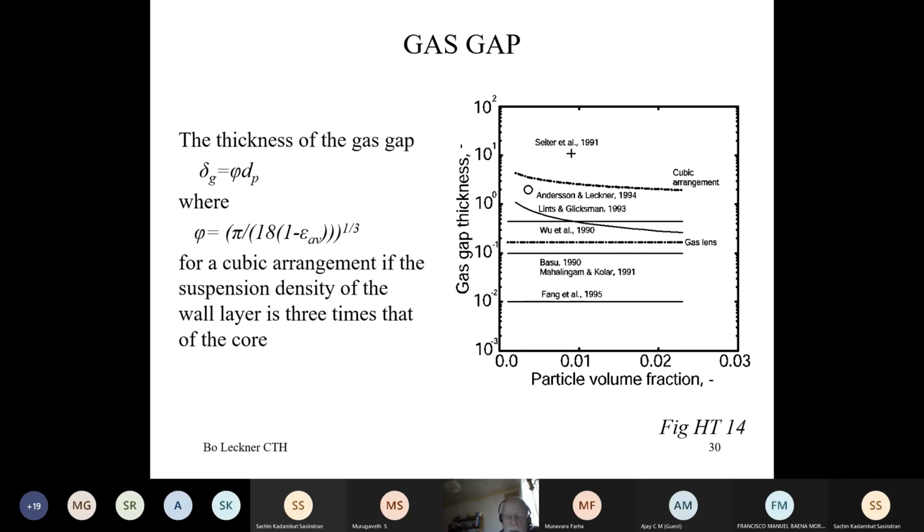Well, first the gas gap. The definition of the gas gap was a certain fraction of the diameter, and here we have the gas gap thickness, namely this delta, and we have the particle volume fractions from various experiments. Theoretically, you can derive a gas gap for a dense suspension, and from gas lenses, as I showed previously.